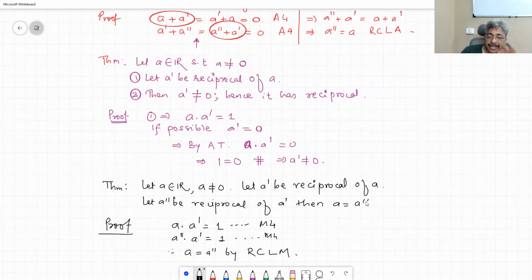I mean, you need to write A dash is not equal to 0 by the previously proved theorem, and A double dash is not equal to 0 by the previously proved theorem. And therefore, we can apply M4. Okay, so that is why we get reciprocal of reciprocal is original.